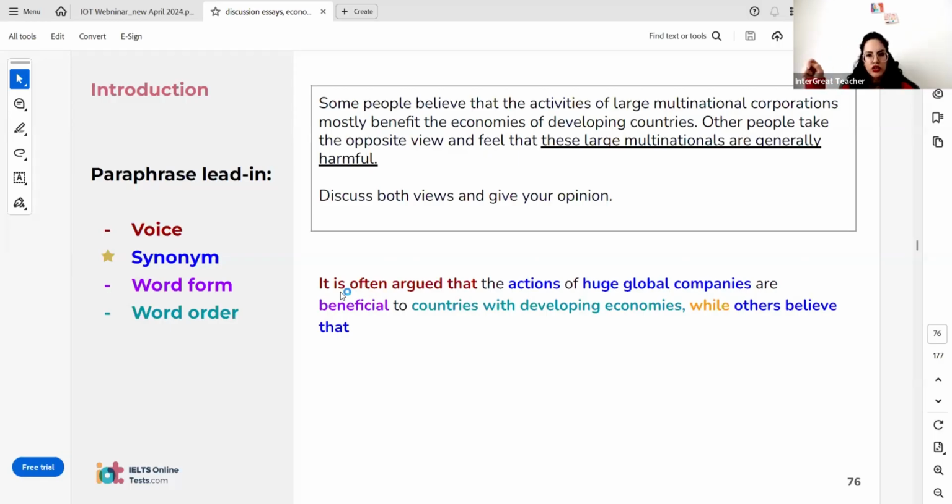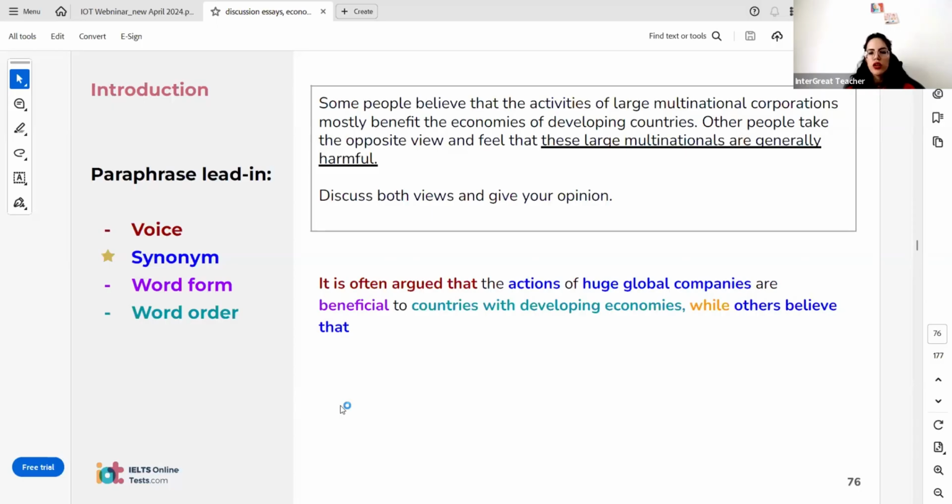These large multinationals are generally harmful. Any ideas? Should. Okay, these companies have many negative effects. Thank you, Madeline. Valid. These lastest are generally impactful. What is lastest?